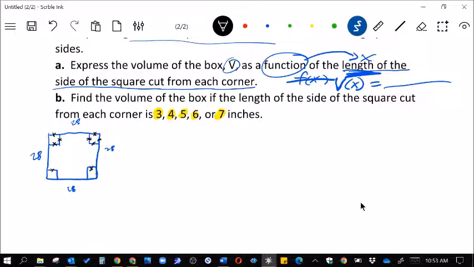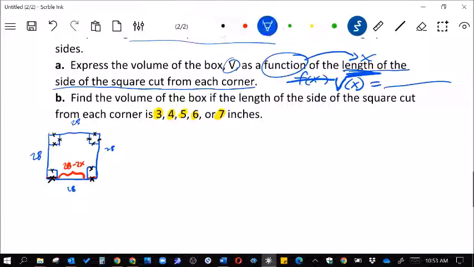They're squares, so all the sides of every one of those little squares are x. What that also tells me is that this amount here is 28 take away this x amount and that x amount, so it's 28 take away 2x. So I'm going to put x here and x here.